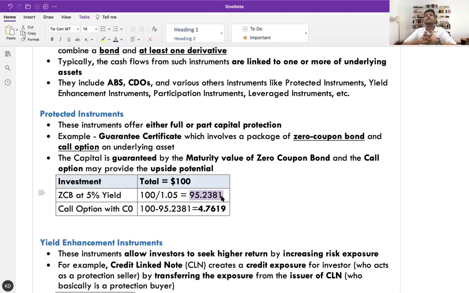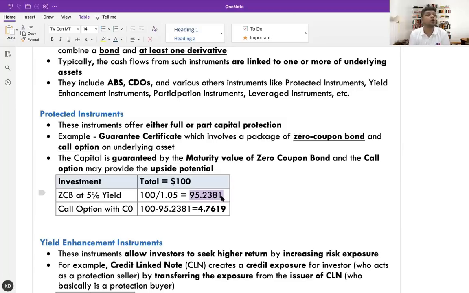And there is a possibility of high upside if the market goes up. Is that clear? These are called capital protected instruments. They give you an assurance that your capital will be protected because they invest in a zero coupon risk-free bond. Beyond that, they invest in risky assets, like buying a derivative instrument like a call option. Is that clear?